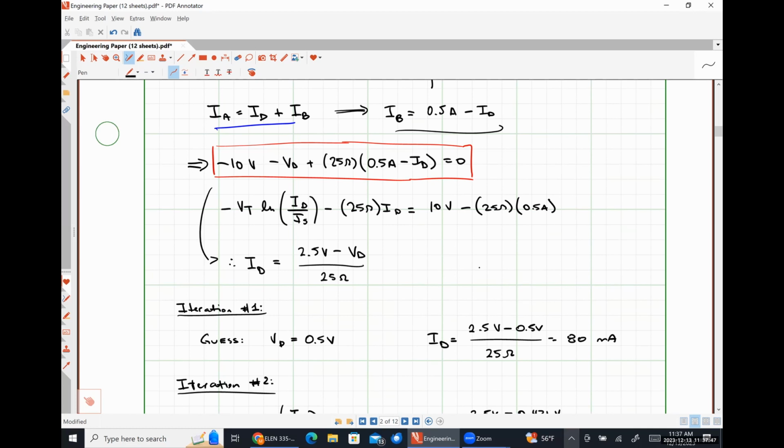So negative 0.026 times the natural log of x divided by 5 times 10 to the minus 9, minus 25x will be equal to negative 2.5.